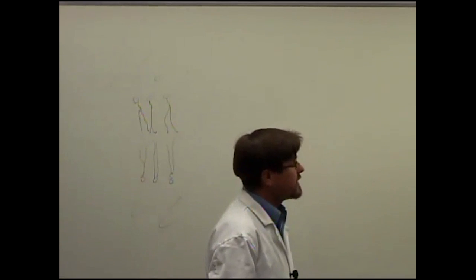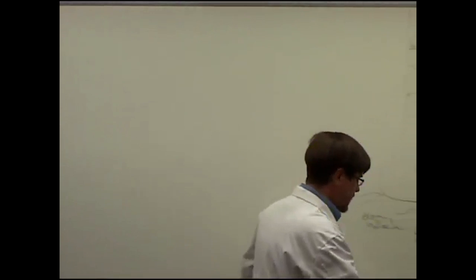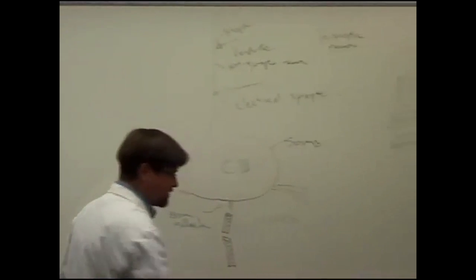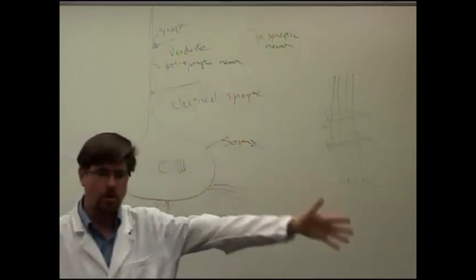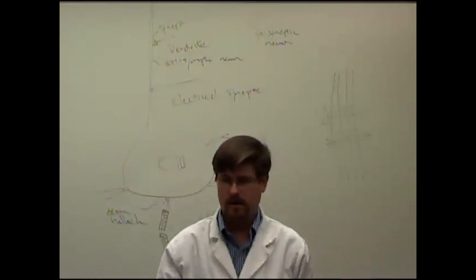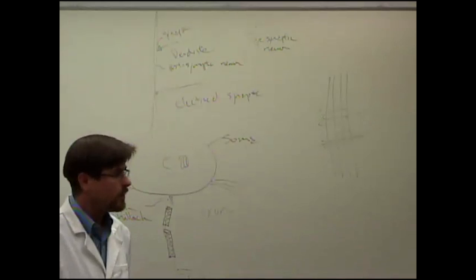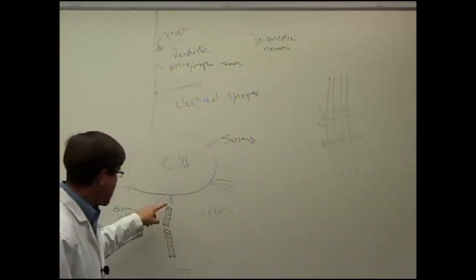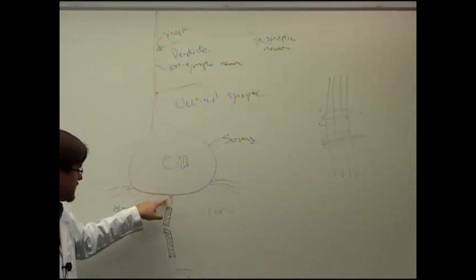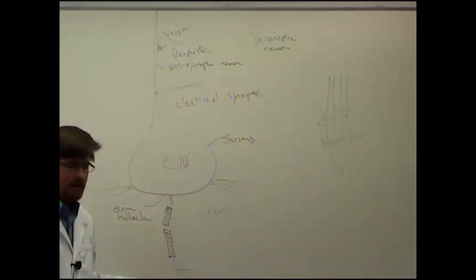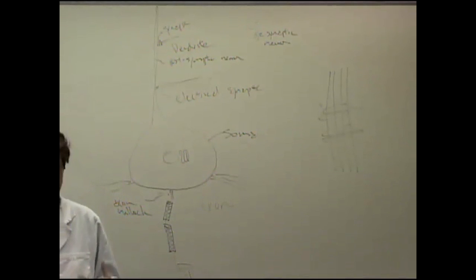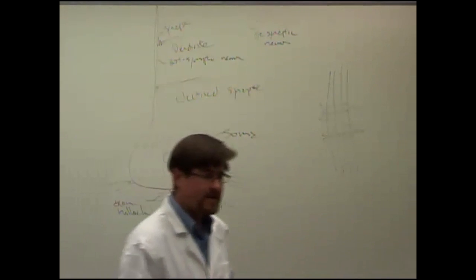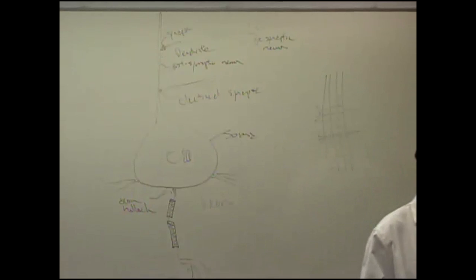So here's the axon. The axon comes off and can branch out, and it sends out lots of connections. A lot of times it will go a long way and then branch out. Sometimes it will just branch out locally. But once an action potential starts here, the density of voltage-gated ion channels almost guarantees that the action potential will travel down.